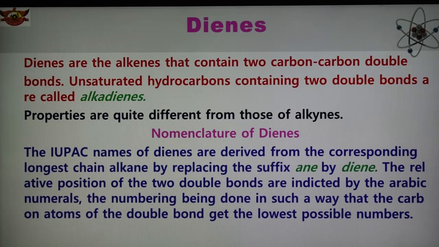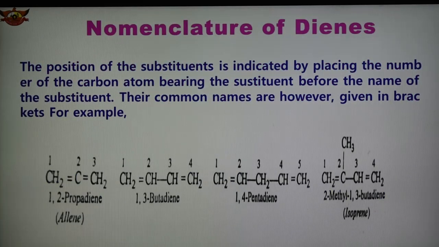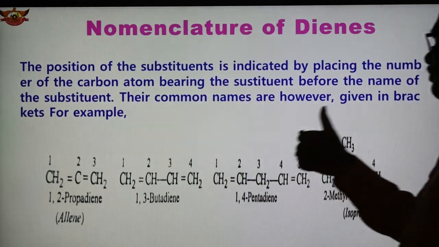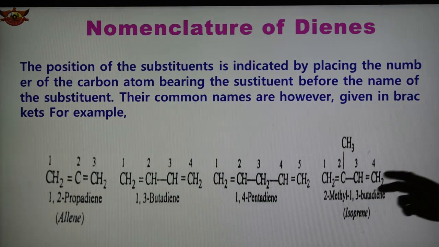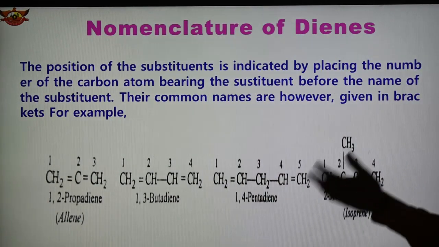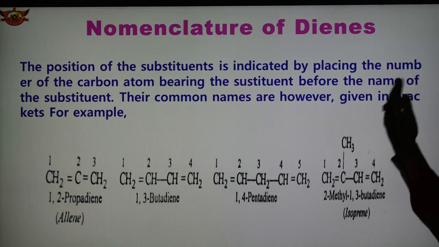So here some examples are given of diene compounds. The position of a substituent is indicated by placing the number of the carbon atom bearing the substituent. See here some examples. This is 1,2-propadiene. Three carbons are there, therefore propane, and as we know, alkane is converted into alkadiene, so propane becomes propadiene.